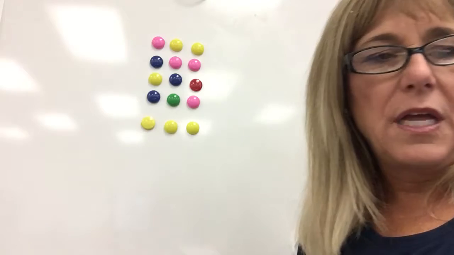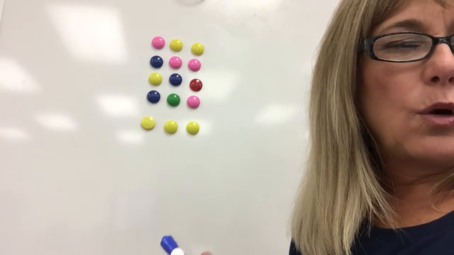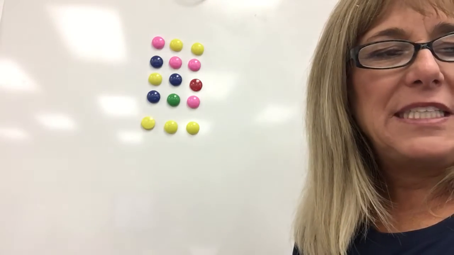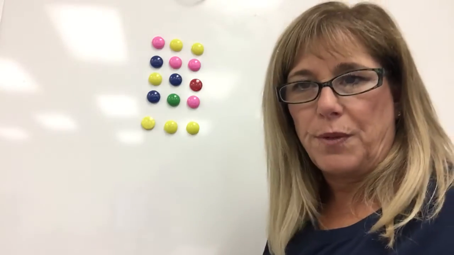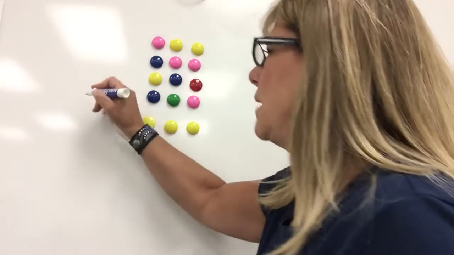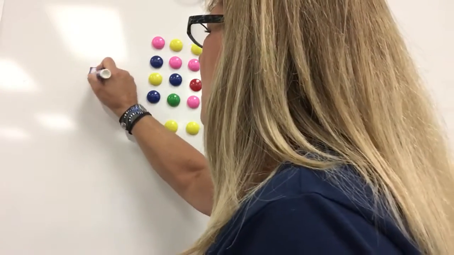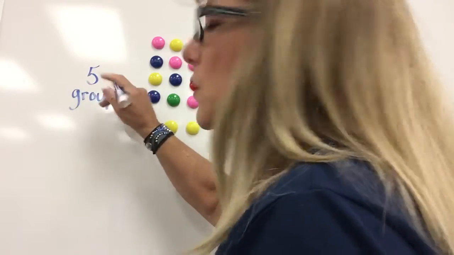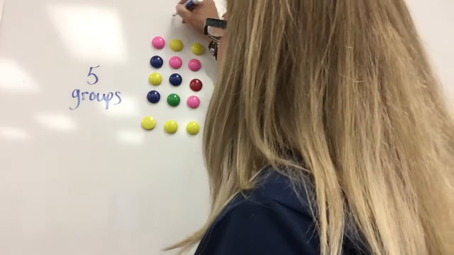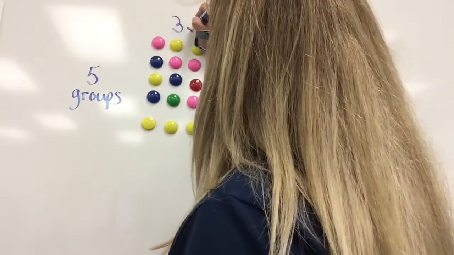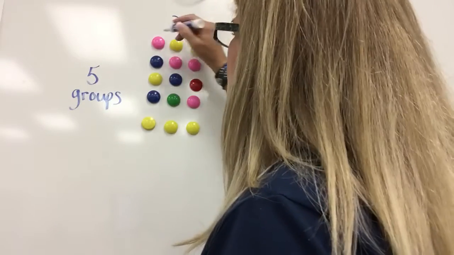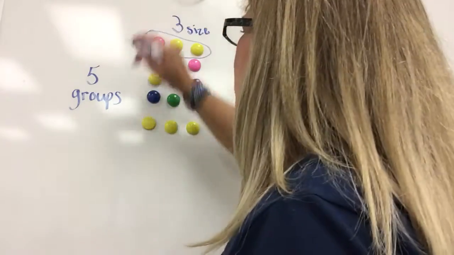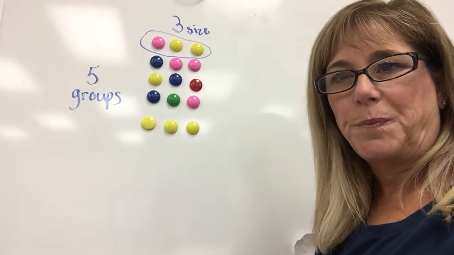Okay, that's our total. Now, one of the questions is, how many tennis balls are in each group? This is the number of groups, so I have 5 groups. I really think it's important to make sure you put these numbers. There are 3. This is my size. There are 3 in each group. For instance, that's a group.